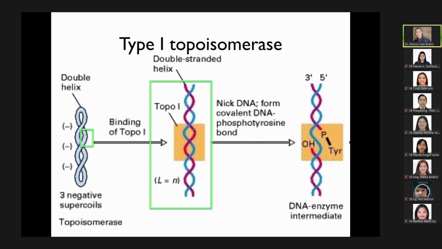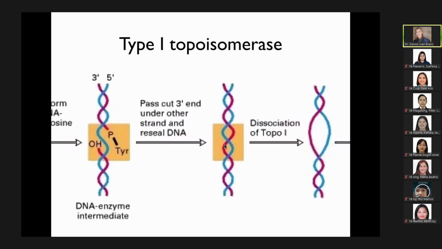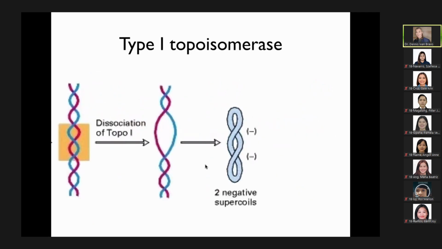And in this particular section, the red is on top of the blue. The topoisomerase will cut the red strand. Then it will reconnect the red strand, this time behind the blue strand. As a result, the helix is now looser. This results in the overall relaxation of the entire closed circular molecule. So it is now partially relaxed with fewer negative supercoils.